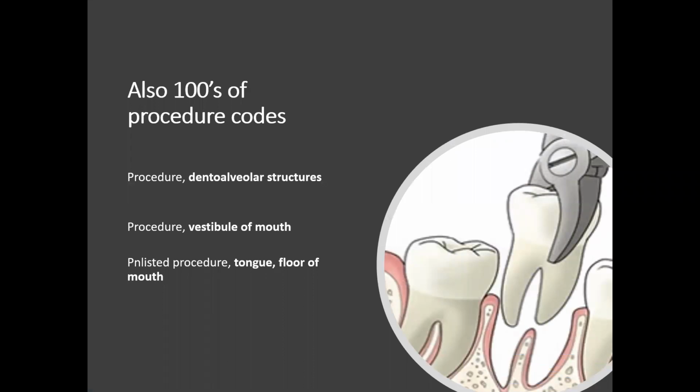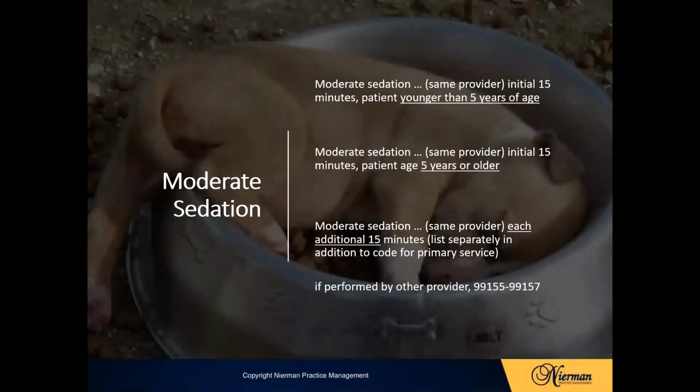There are thousands of diagnosis codes. There are hundreds of procedure codes for the dental alveolar structures. So there are definitely many opportunities. The moderate sedation codes, again, are based on whether the patient is younger than 5 years of age or 5 years and older, based on 15 minutes.